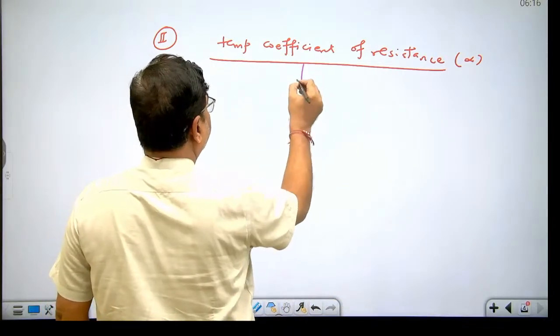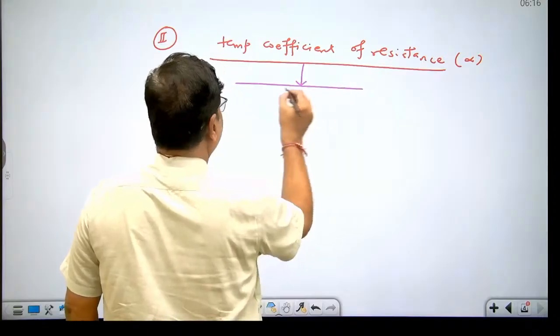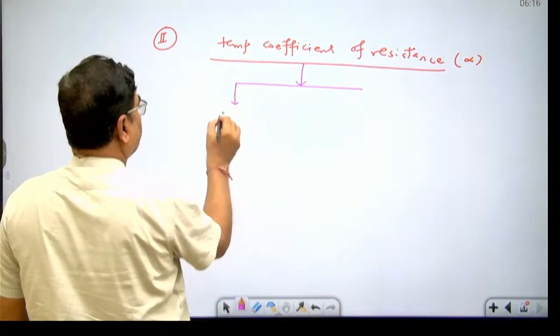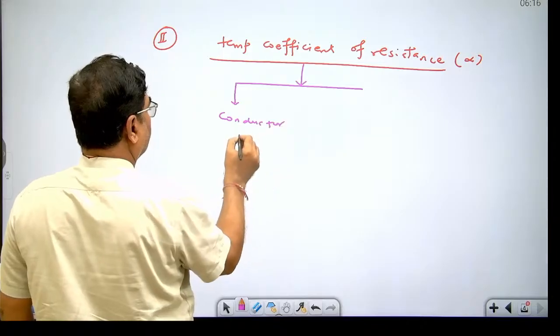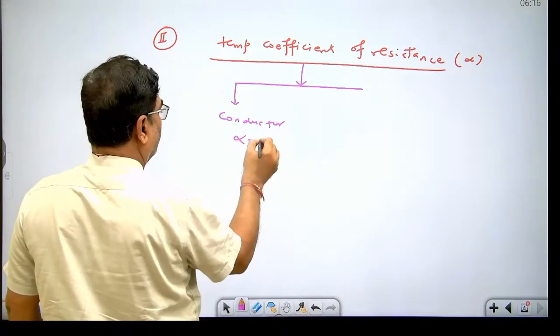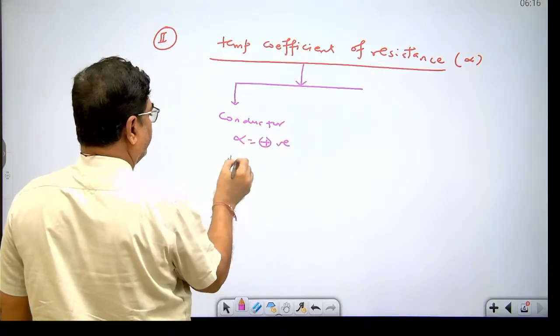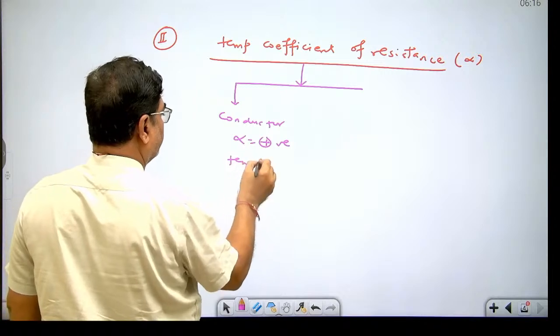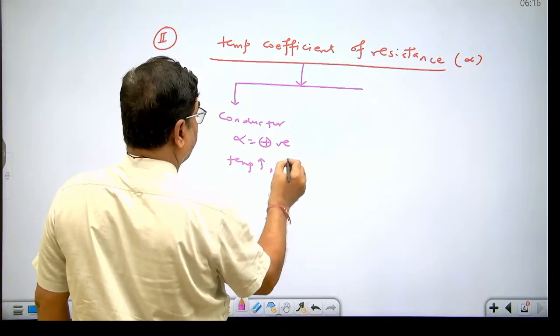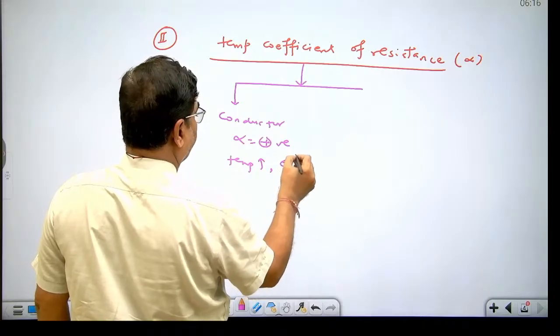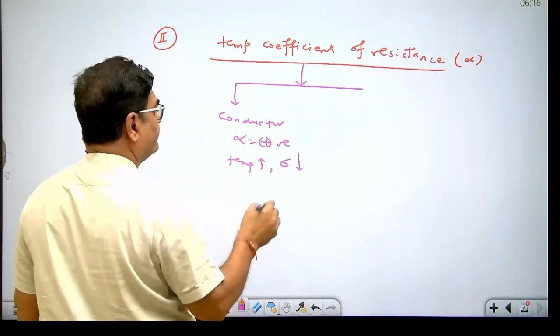For conductor, its value is positive. Positive indicates with the increase in temperature, conductivity of conductor will decrease.